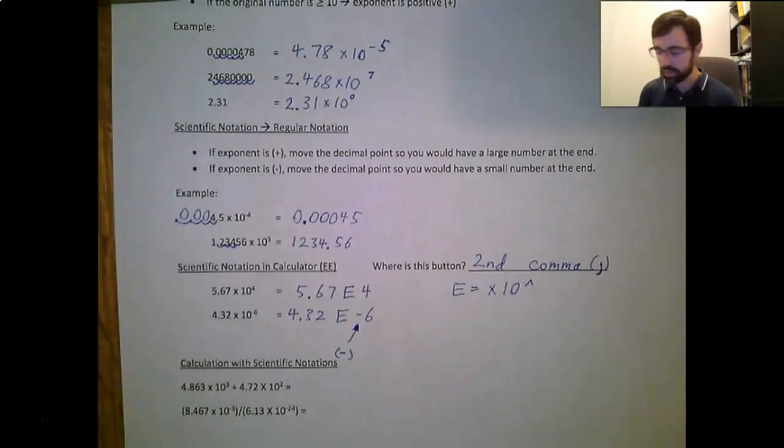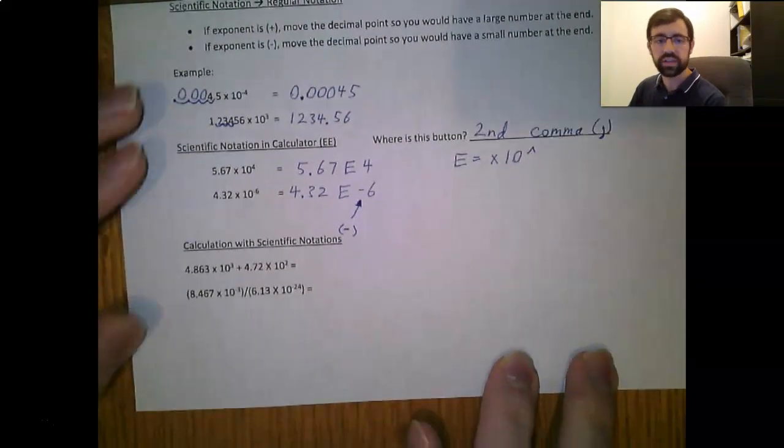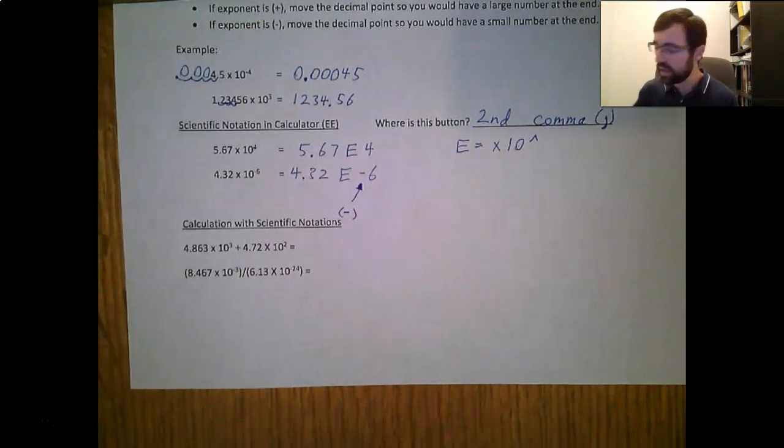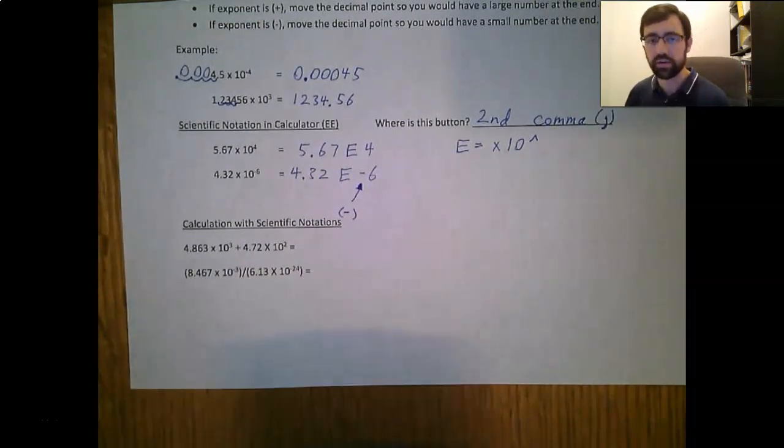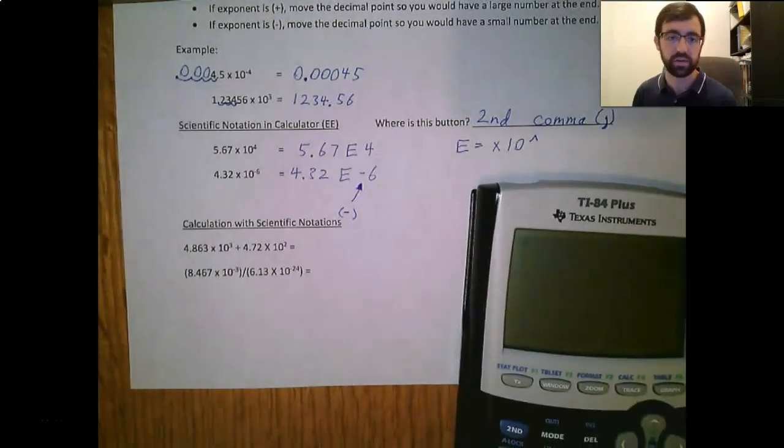All right, do a couple calculations down here. I want you to take a minute, pause this video, and try these using the E button that we just talked about and make sure that you get the same answer that I do.